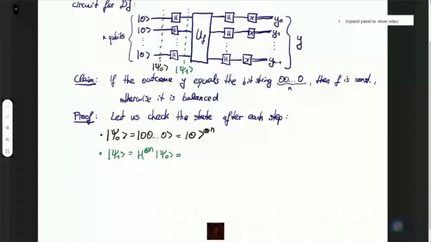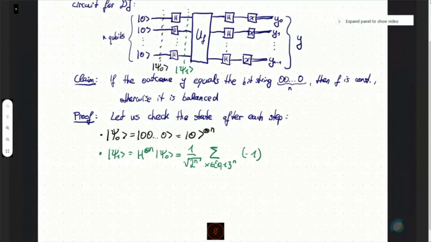So we have 1 over square root of 2 to the n, then the sum over all possible bit strings x on n qubits, then (-1) to the power x times psi 0, and here we have x.